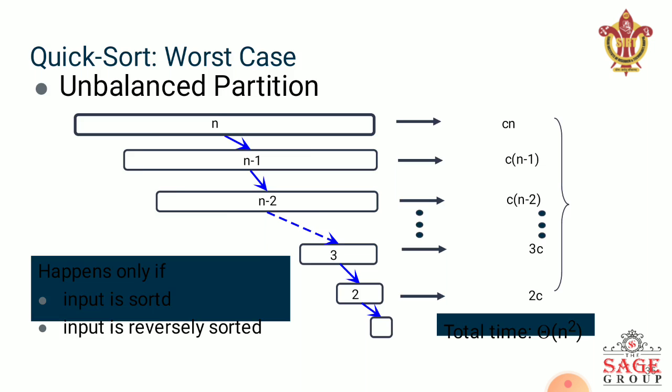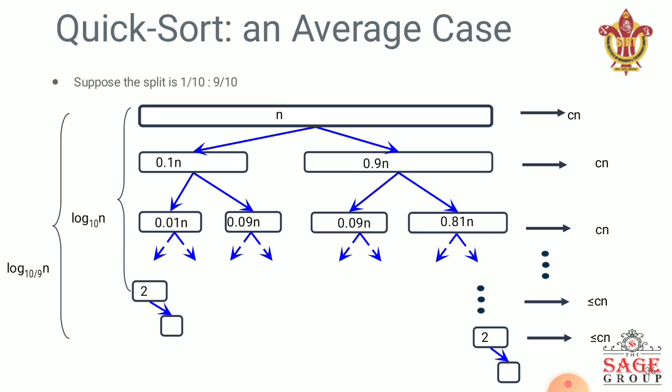In the average case, the same phenomenon as the base case applies, requiring the same n log n, because our array is divided into approximately equal parts, and when we apply quicksort in parallel on the first and second part, it requires approximately order of, or theta of, n log n time.